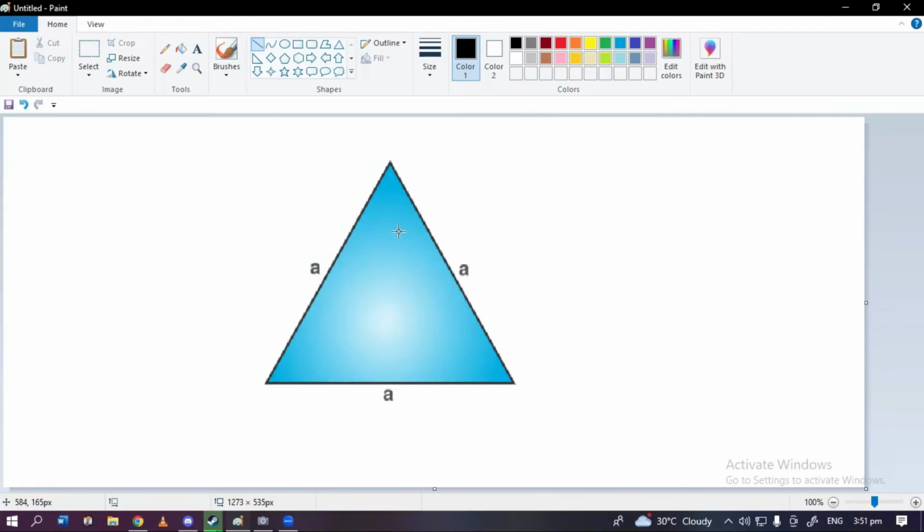Here's a quick demonstration of how to create a Sierpinski triangle with the steps I mentioned before. So here we have an equilateral triangle with sides A, and we have to split it up into 4 smaller equilateral triangles. This can be easily done by locating the midpoint of each side and connecting them.